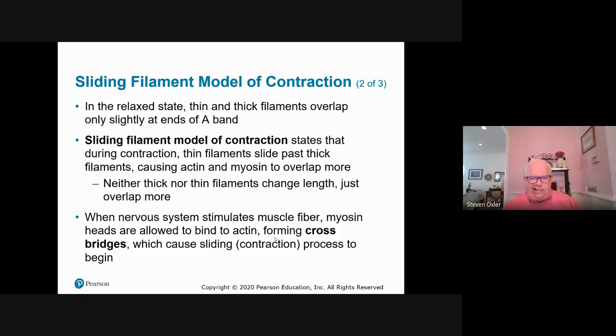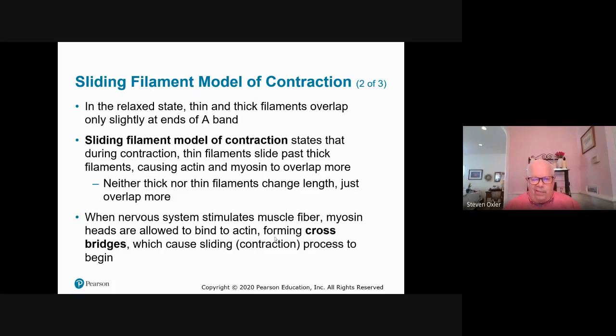In the relaxed state, the thick and thin filaments overlap only slightly. In the sliding filament model of contraction, during contraction, the thin filaments slide past the thick filaments, causing the actin and myosin to overlap more.